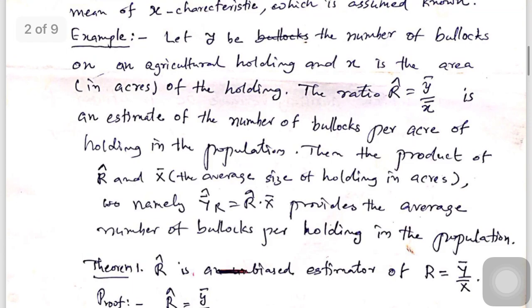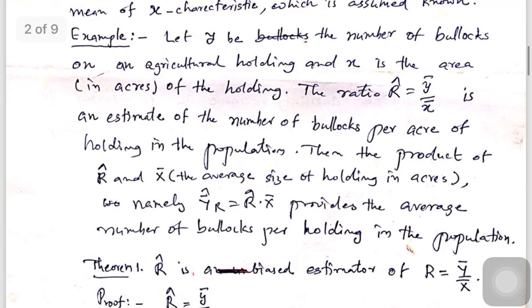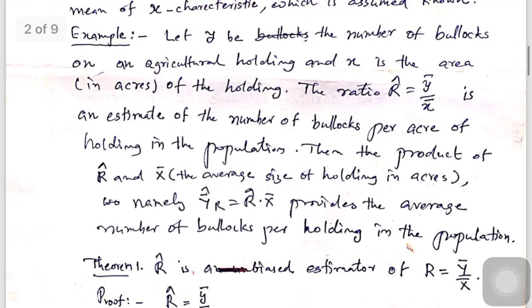And for that purpose, you are utilizing an auxiliary variable x, namely the family size, that is the number of members in a family. That is, you are utilizing the number of members in the family also in order to estimate the average expenditure on food per family.